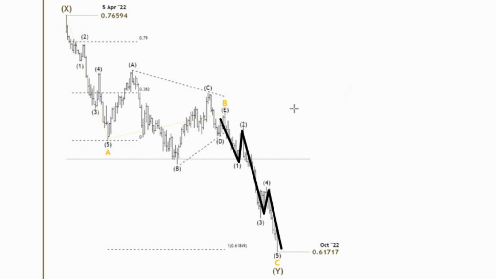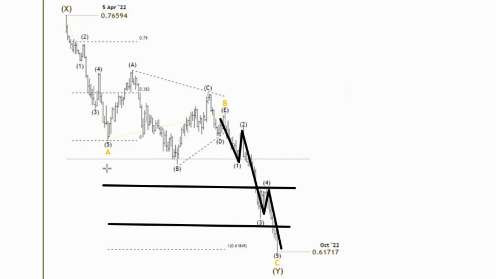So when we confirm the end of wave B, we know how to set the target of wave C. The first target will be the level that represents 61.8% of the size of wave A. The second target could be the level that represents 100% of the size of wave A, and this is according to the equality guideline.